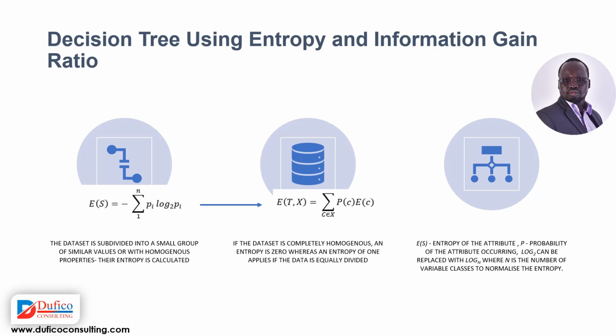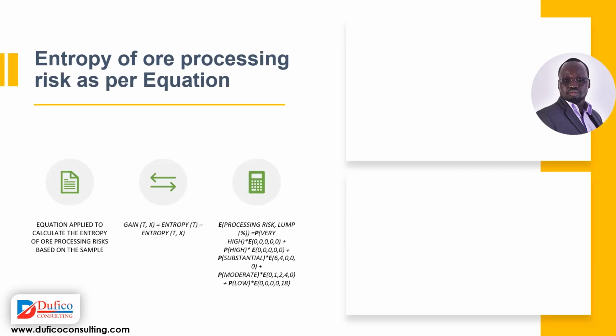But for the entropy of an attribute such as Fe, if it is gaining, then we say the probability of the attribute occurring, and we use the logarithm, which we change to a natural logarithm of number n for any variable classes in the model.